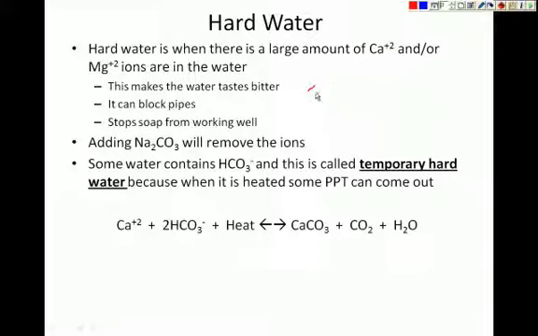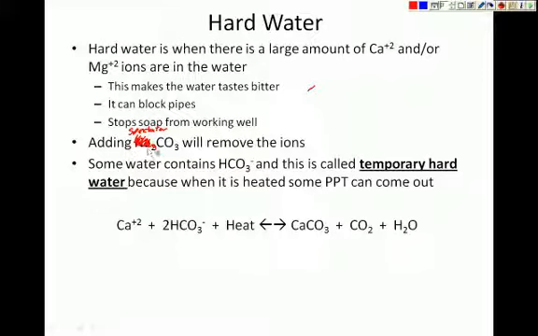So what can we do to get rid of hard water? Well, one thing that can be done is adding carbonate ions. So you can add sodium carbonate, which will remove some of these ions. Now, the sodium won't do anything. The sodium is going to be a spectator ion, and therefore won't be taking place in any of the reactions.